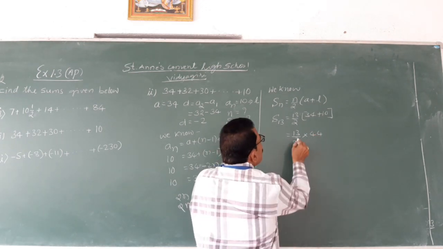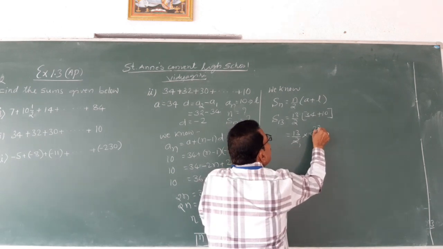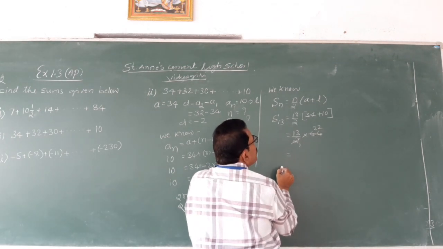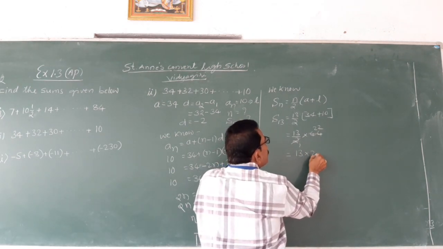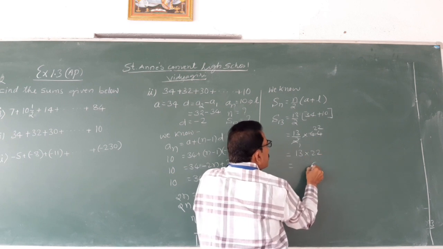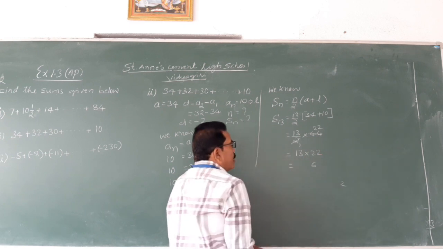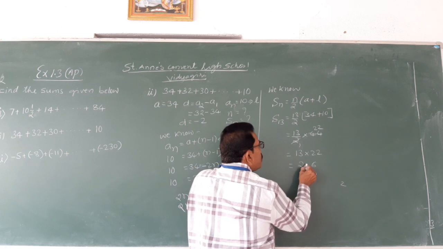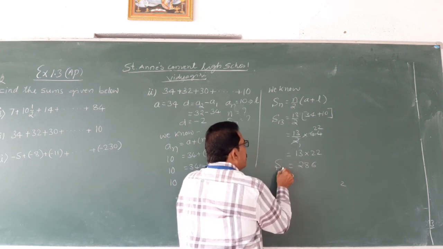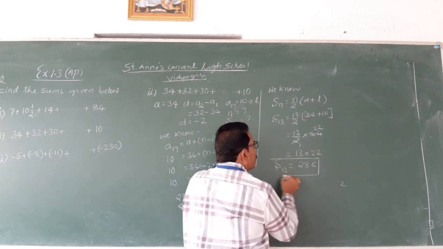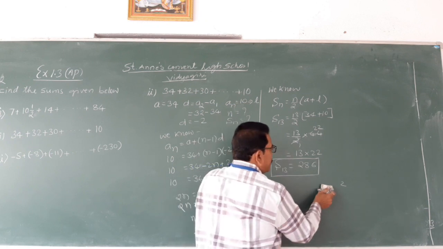So 2 ones are 2, 2 twenty-twos are 44. That is equal to 13 into 22. 13 2s are 26, carry 2. 13 2s are 26 plus 2, 28. So S13 is 286.